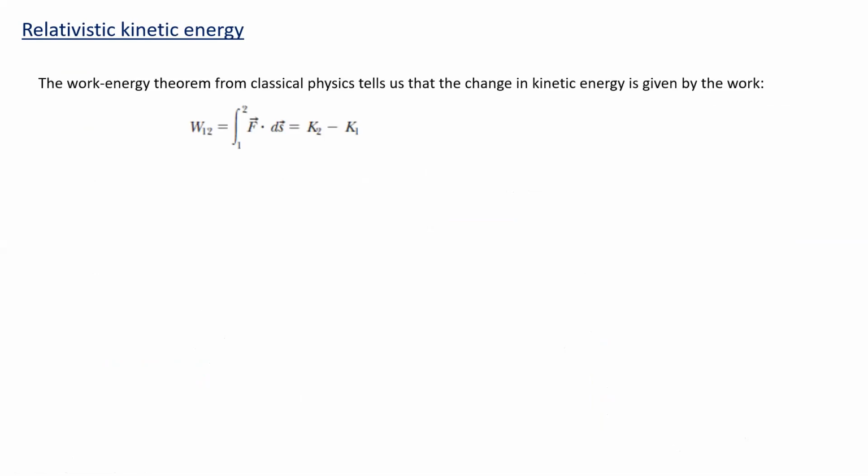Okay, so we have momentum. What about kinetic energy? Well, the work energy theorem from classical physics, from physics 201 in our case, tells us that the change in kinetic energy of a particle is given by the work.